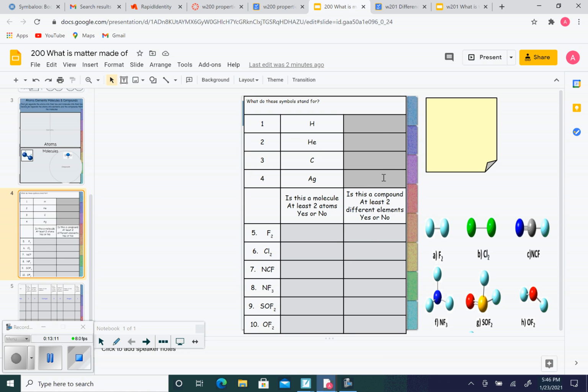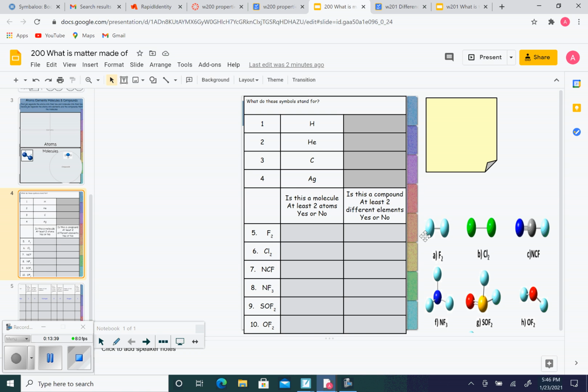Okay? On this one pertains to these atoms, or these molecules right here. So F2, that's this one right here. So the question is, is this a molecule? Remember, a molecule is any 2 atoms together. So is this 2 atoms? You're going to write yes. Okay?